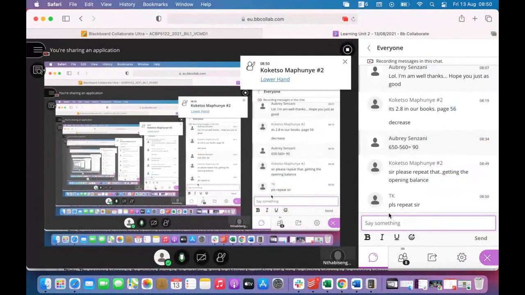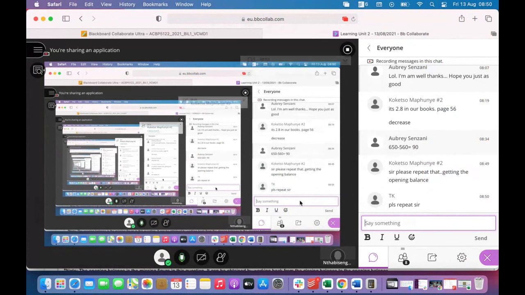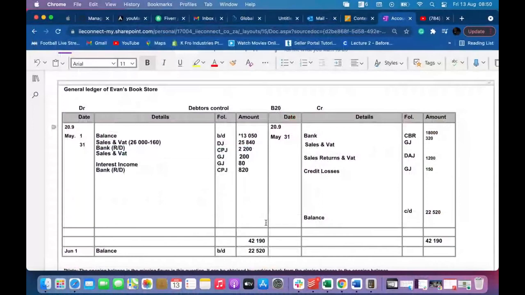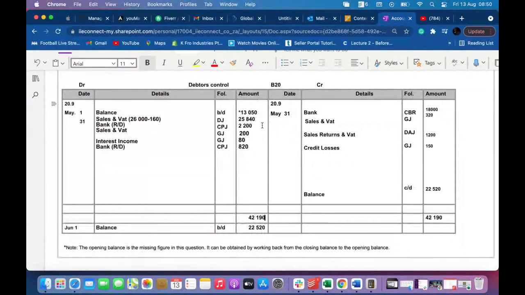Okay, I see, so please repeat that. Getting the opening balance. Okay, all right, no problem. Cool. So can you see what we did? We first figured out that we don't know what the opening balance should be.